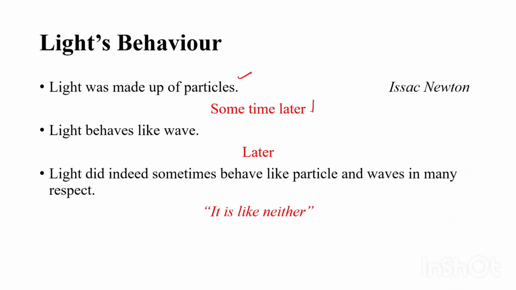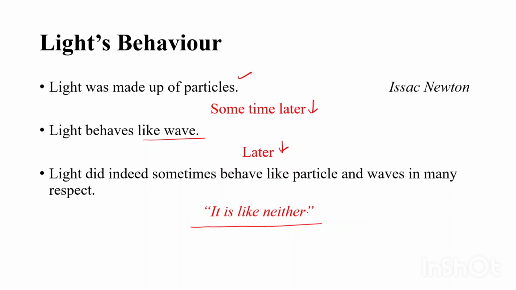But some time later, it was found that light behaves like a wave, and later it was found that light did indeed sometimes behave like particles and like waves in many respects. But according to our book, we are going to focus on the idea that it is like neither.